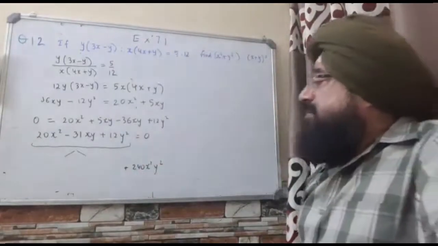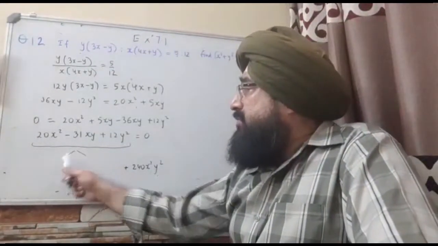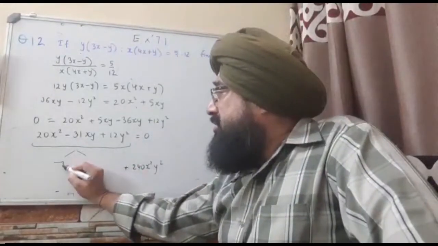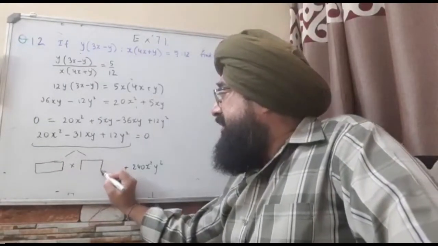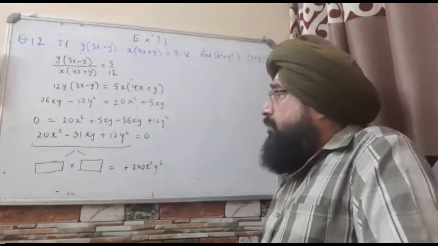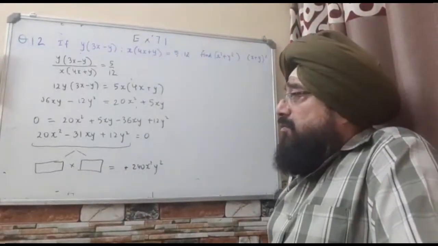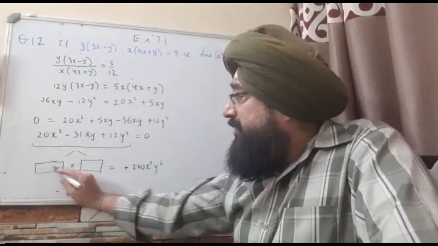So I need to split this 31xy into two such terms which on multiplication should give equal to 240 x square y square. So I mean, of course, and because there's a plus sign here, so those should be with a minus sign.